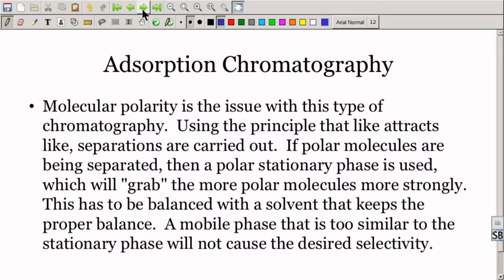You can have a stationary phase that has a dipole moment, and it's going to attract molecules that have larger dipole moments to it. Or you can also have a stationary phase that doesn't have a dipole moment. And the way chromatographers often describe this is greasy versus polar, or I should say the other way around, polar versus greasy. Something that has dipole moment is polar.